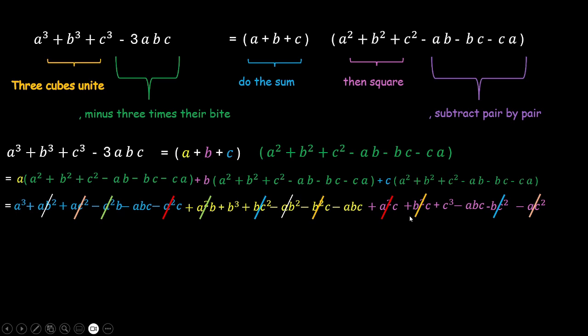So what we are left with is a cube plus b cube plus c cube minus 3 times abc. So let's write it, a cube plus b cube plus c cube minus 3 times abc. Hence this is verified.